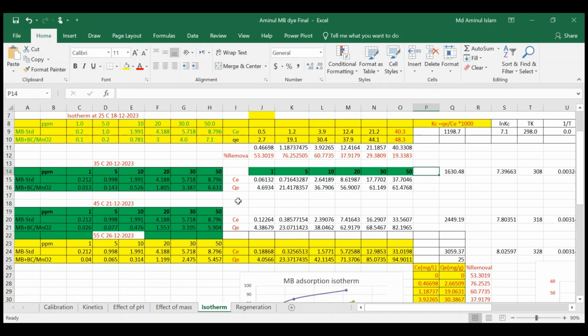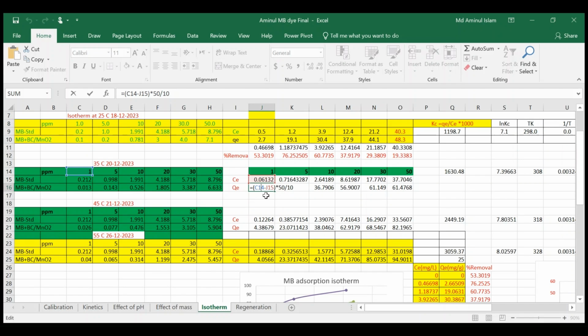Now, in order to calculate amount adsorbed at equilibrium, just click here, equal to initial concentration minus equilibrium concentration into 50 divided by 10. 50 is the volume of solution and 10 mg is the mass of adsorbent.